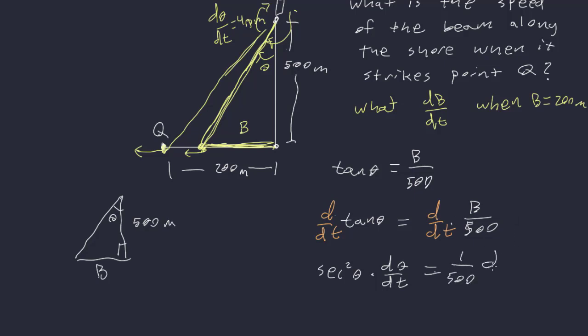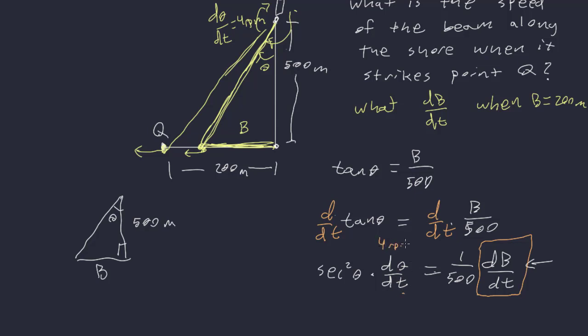That's just a constant, and this will be dB dt. All right, so here is the formula that relates these two quantities. So this is what we're trying to find, this dB dt. Everything else we have or we can find. We have d theta dt. d theta dt is 4 RPM.